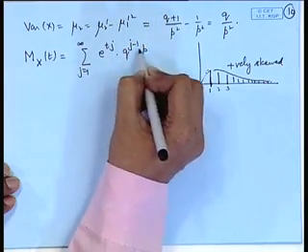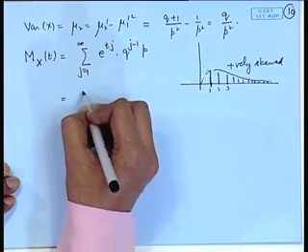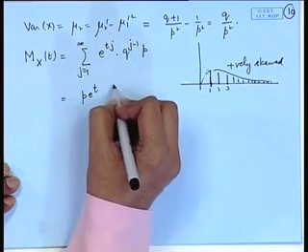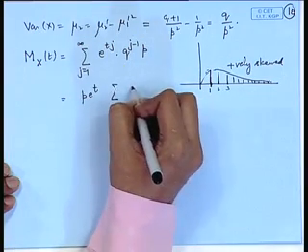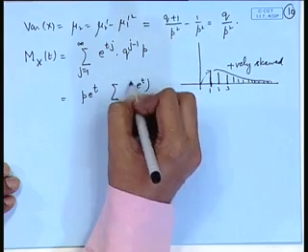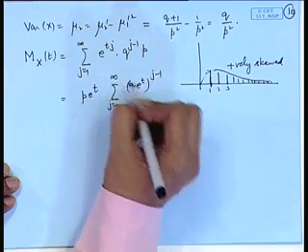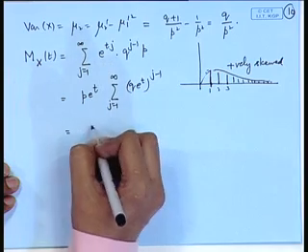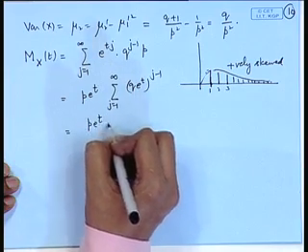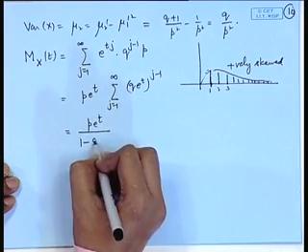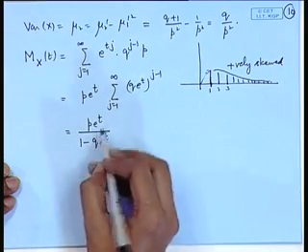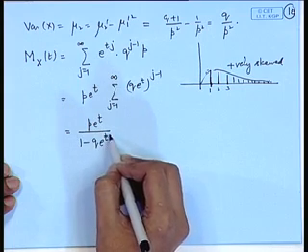Obviously, we can see here that this can be expressed as p e to the power t times sigma (q e to the power t) to the power j minus 1, j is equal to 1 to infinity, which is nothing but the infinite geometric sum, an expansion of 1 by (1 minus q e to the power t).